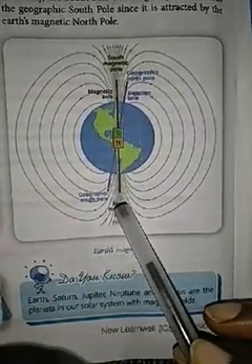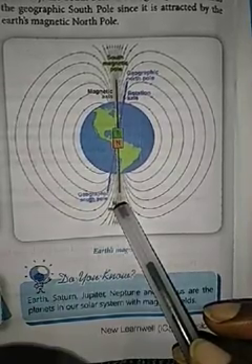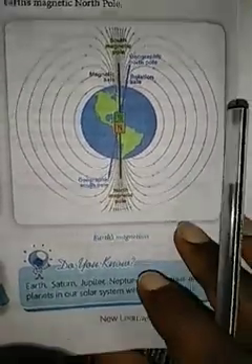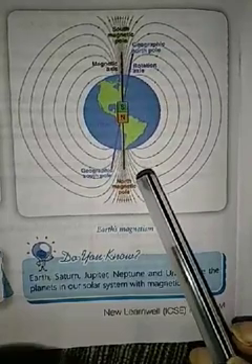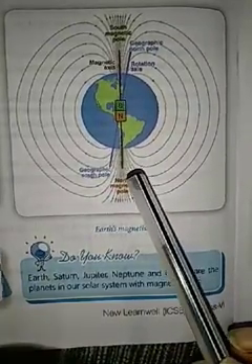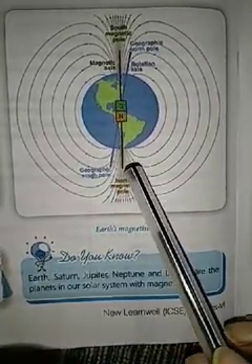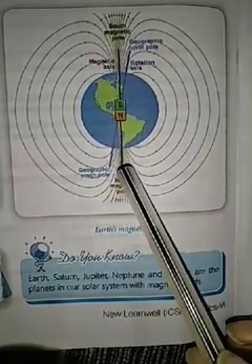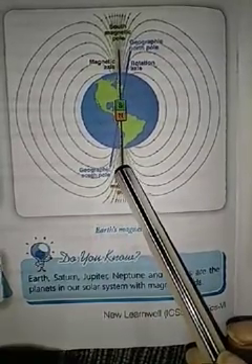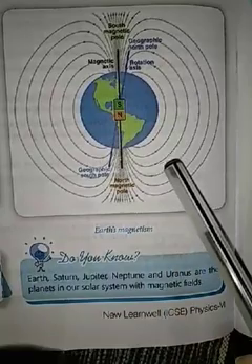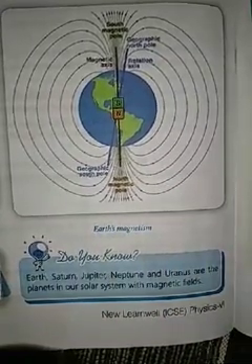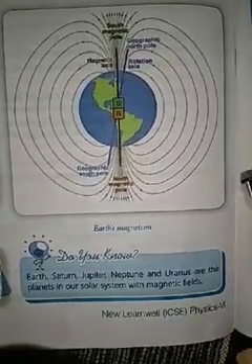This is because the earth itself behaves as a huge bar magnet. Magnetic poles of the earth correspond with the geographic north and south pole of the earth. The earth's magnetic north pole is present towards the geographic south pole and the earth's magnetic south pole is present towards the geographic north pole.